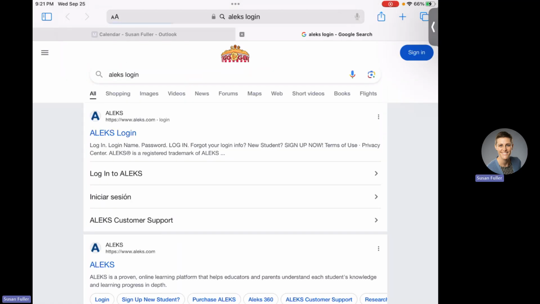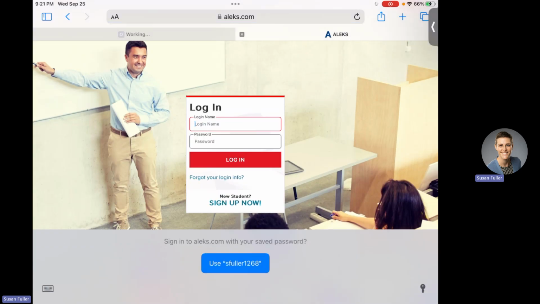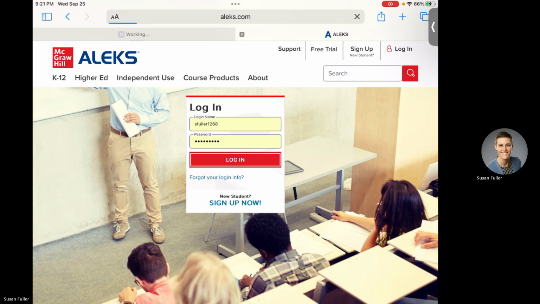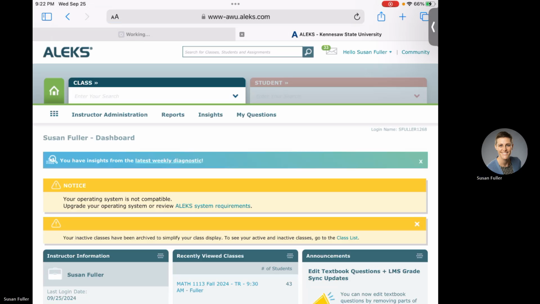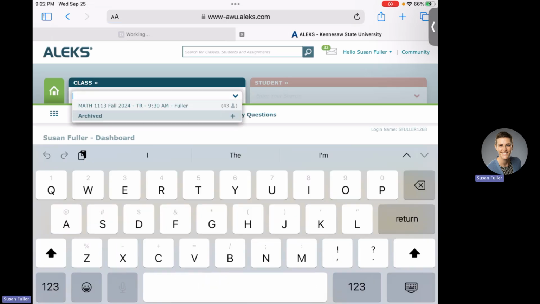But I'm going to have to remember my login name. Let's see. Go, ALEKS, go. I'm going to see if I can do this for you. Come on, ALEKS. Oh, what a marvelous modern era we live in.